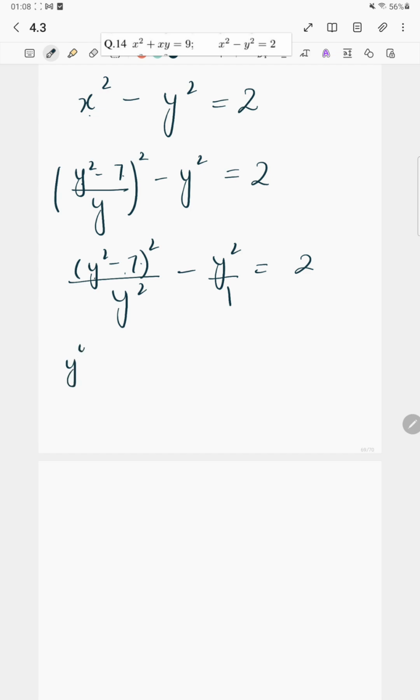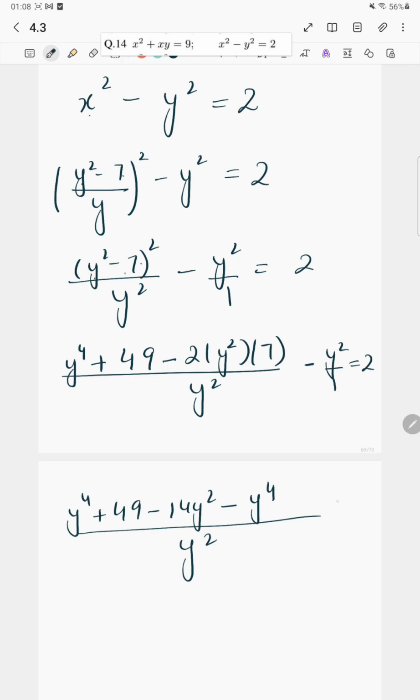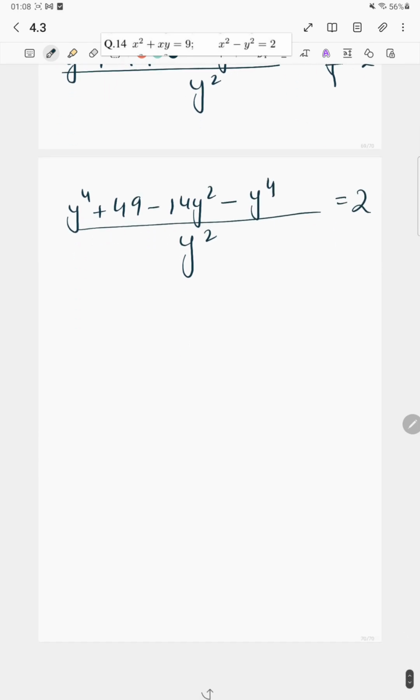So it's a square plus b square, 7 times 7 is 49, minus 2ab, divided by y square minus y square over 1 is equal to 2. So it's y to the power 4 plus 49 minus 14y square minus y to the power 4 is equal to 2.